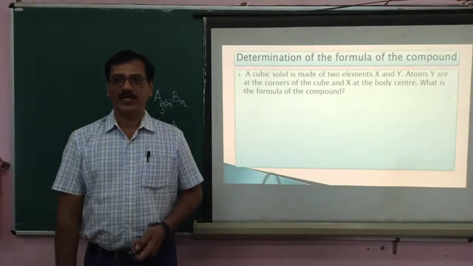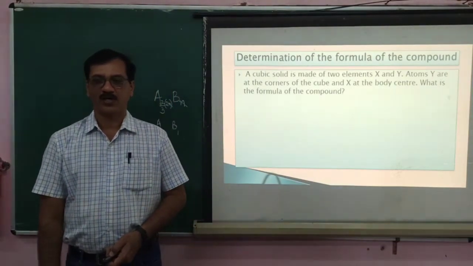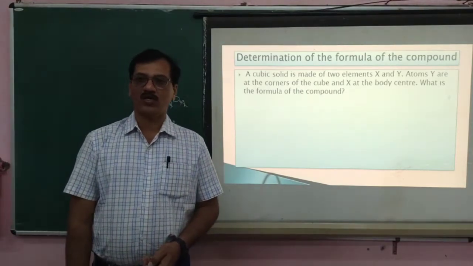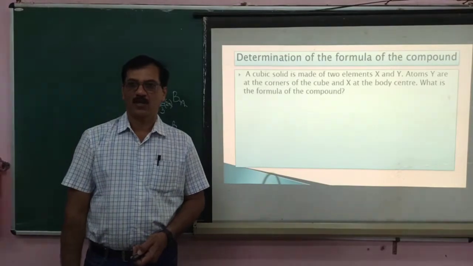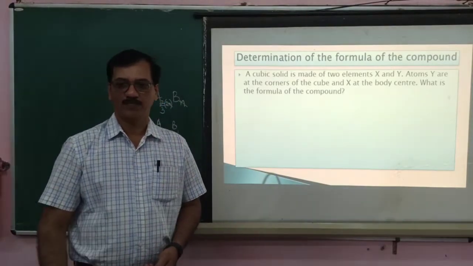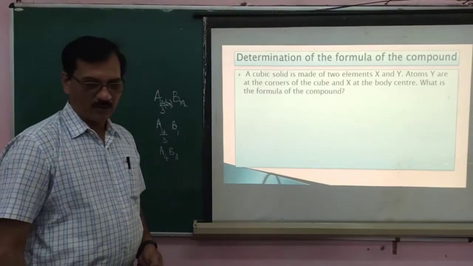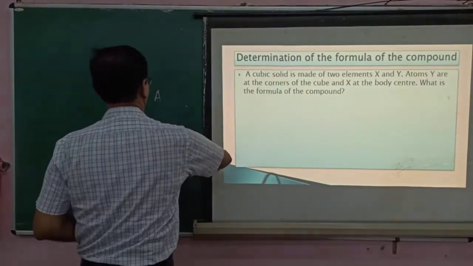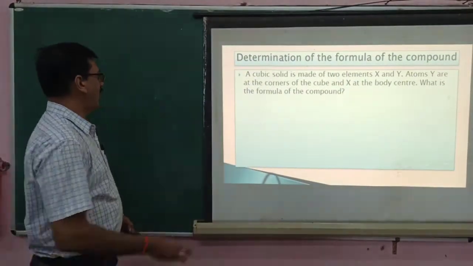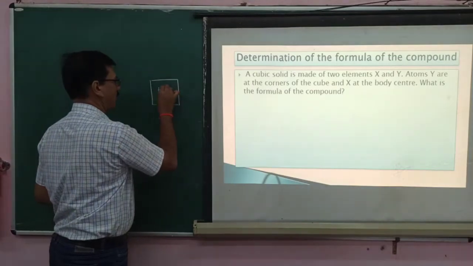A cubic solid is made up of two elements, X and Y. Atoms Y are at the corners of the cube and X at the body center. What is the formula of the compound? So this is a question in which the arrangement is cubic.